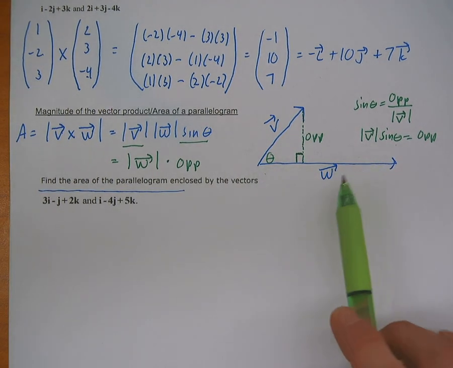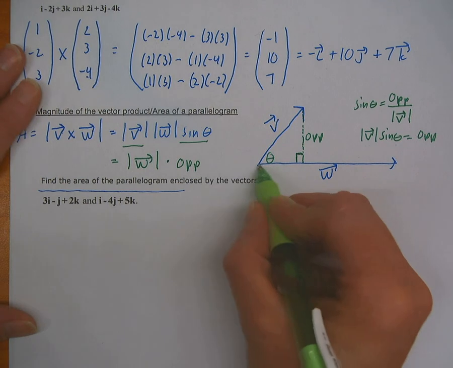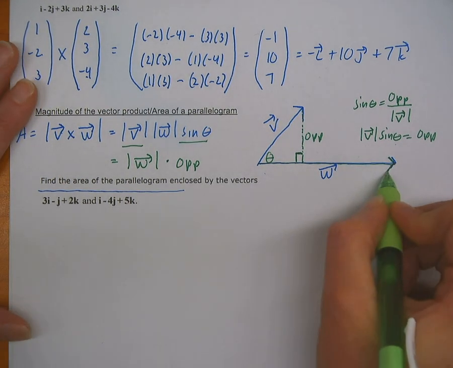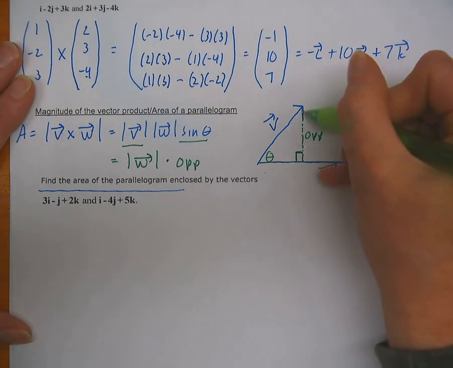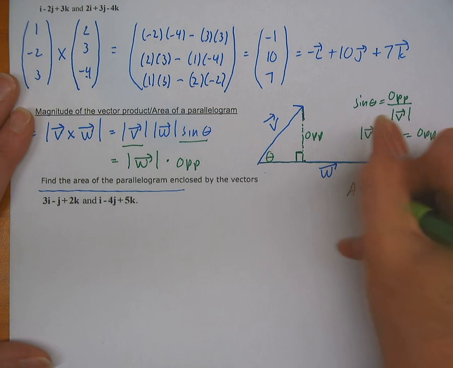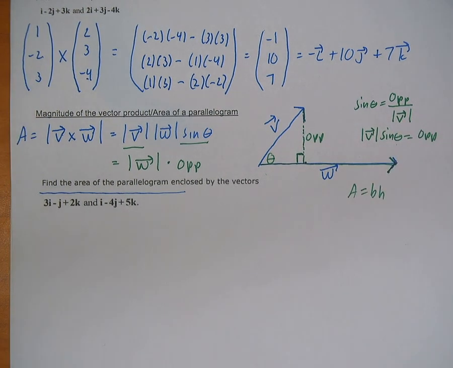Well, think about what that just gave us. The magnitude of vector w is the length of the base of this parallelogram. The opposite side is the height of the parallelogram. So if we think of the formula for area of a parallelogram as being base times height, this is just a manipulation of that.